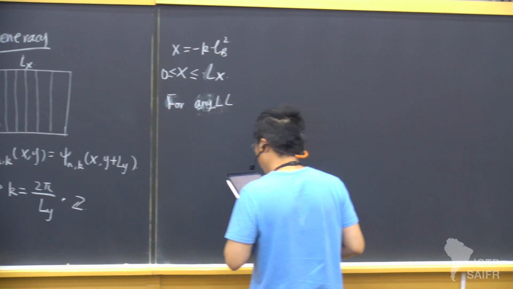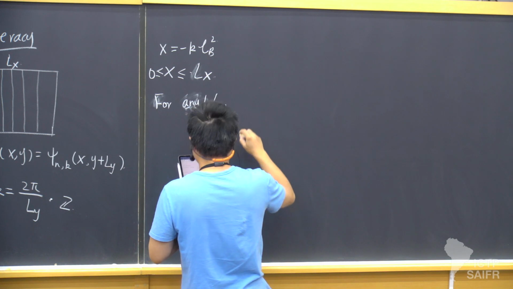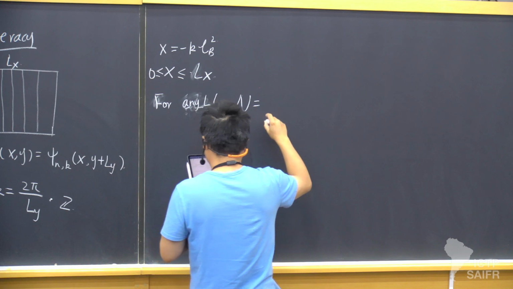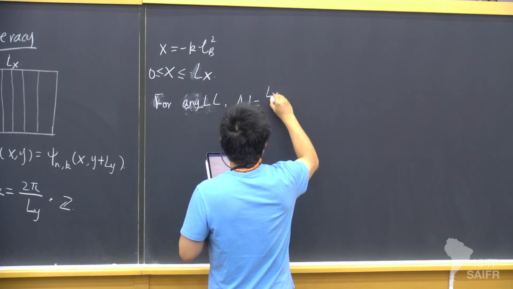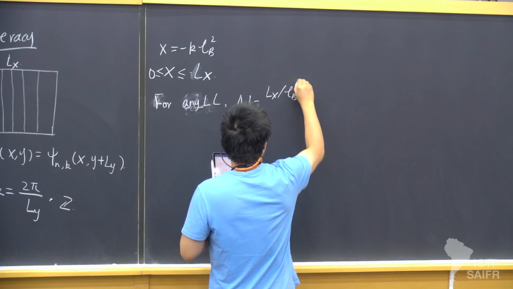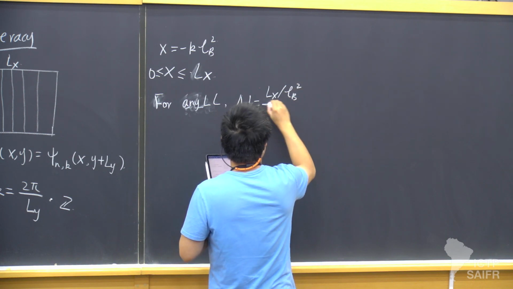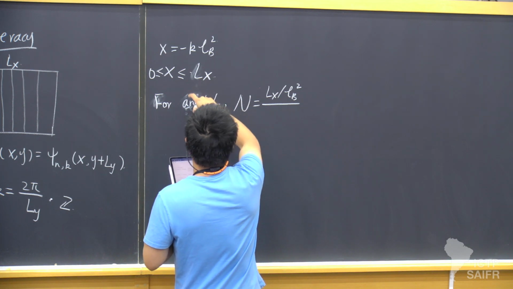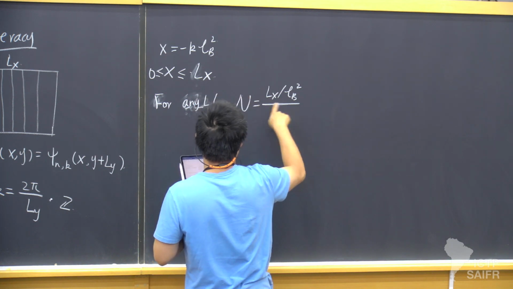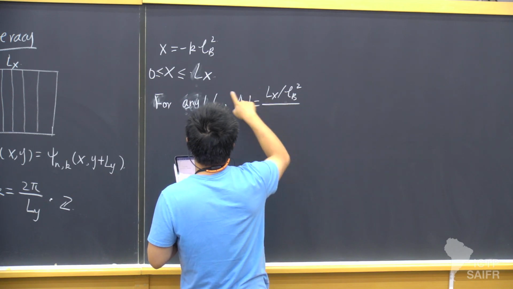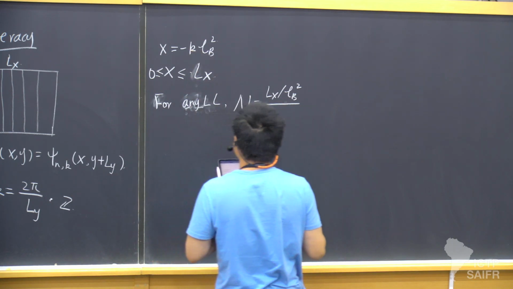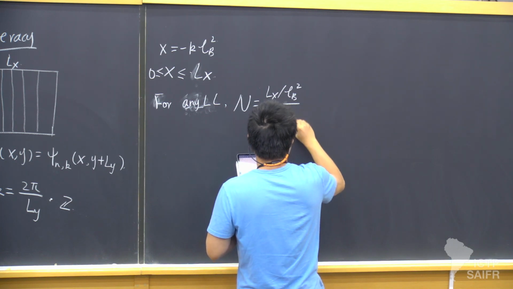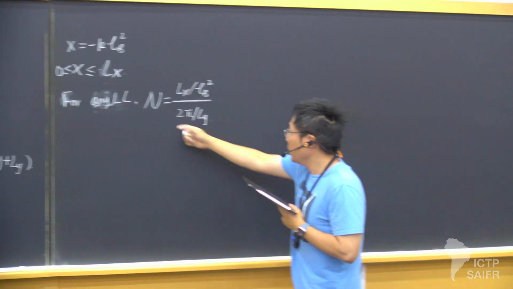For each n in Landau levels, the number of states is Lx over LB square, which is the bound for the momentum from this relation, divided by 2 pi over Ly.